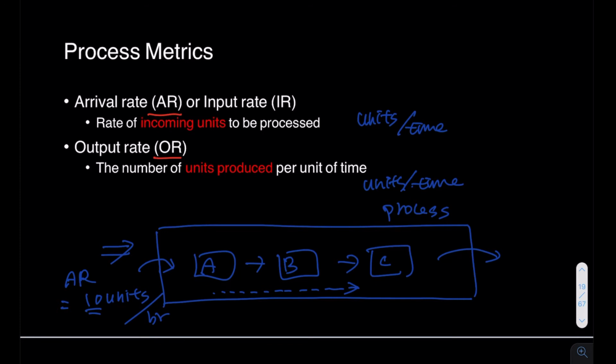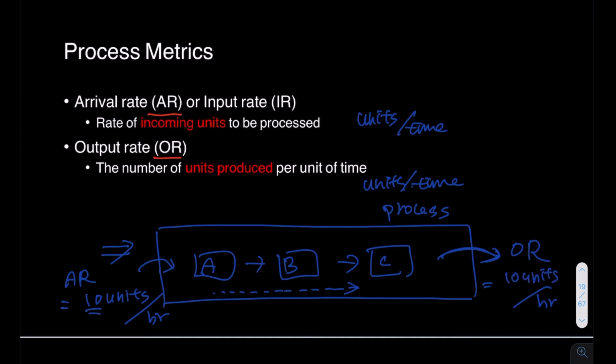Also, after going through this process, you can measure the output. Where? At the end of the process. At the end of the process, you may want to see how many finished goods are being produced. Similar to arrival rate, you can say that every 1 hour, I can see that 10 units of finished goods are being produced.